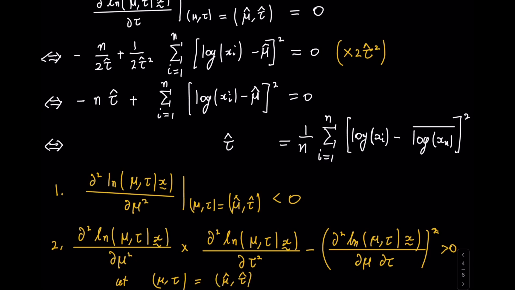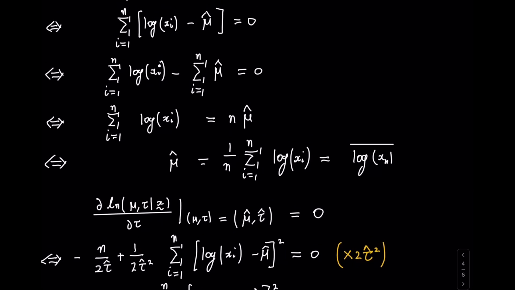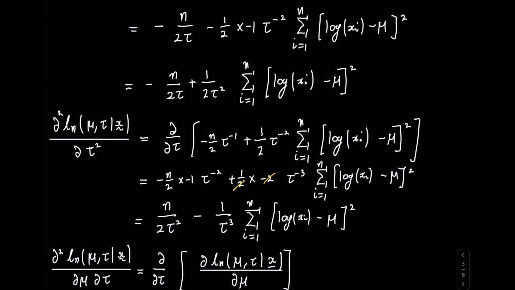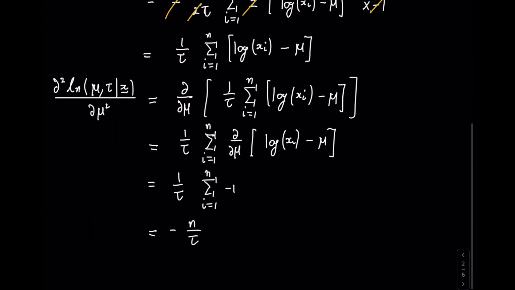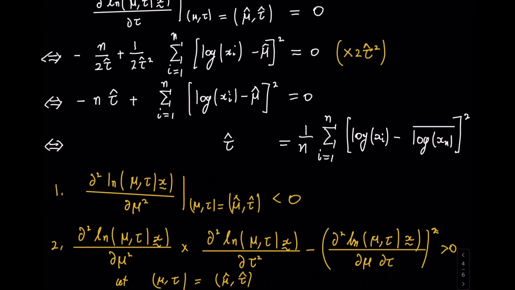So, let's begin with proving condition 1. We're going to take the second derivative with respect to mu. I believe I evaluated it on this page here. So here is my formulation that I came up with. Copy this. Let's go to the next page.